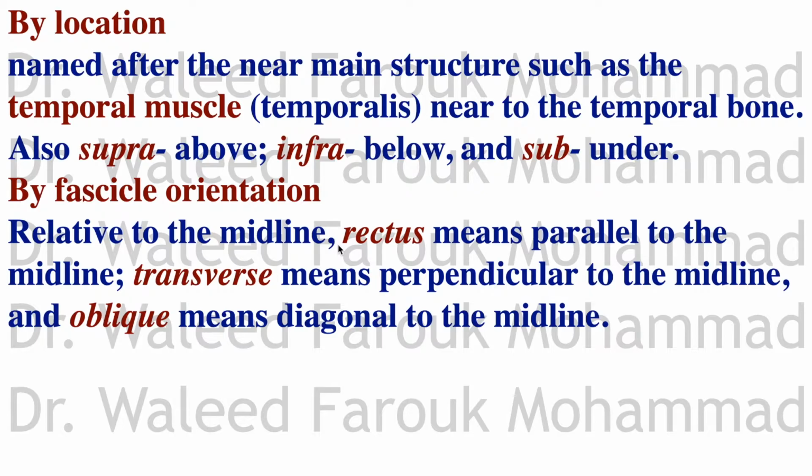Sub means under, like the subscapularis, because it's under all the rest of the muscles. By fascicle orientation, relative to midline, rectus means parallel to midline. Transverse means perpendicular to midline, and oblique means diagonal to midline.